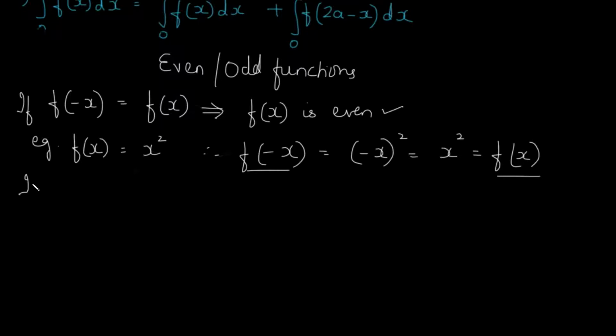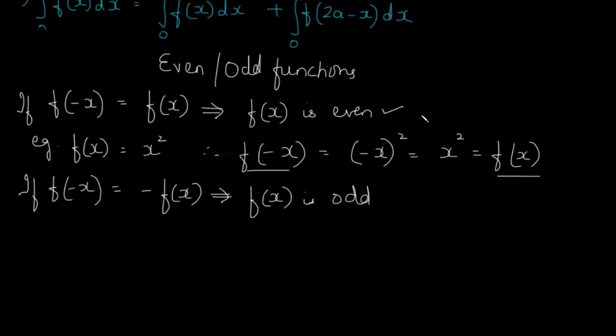On the other hand, if f(-x) turns out to be -f(x), then this implies that f(x) is an odd function. Okay, it's not even value but even function and odd function. So in this case, if f(-x) is equal to -f(x), let us see an example here.